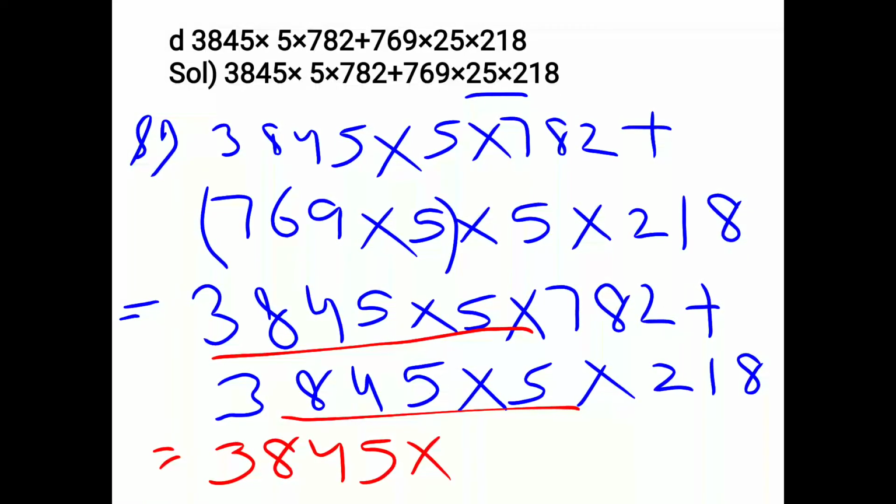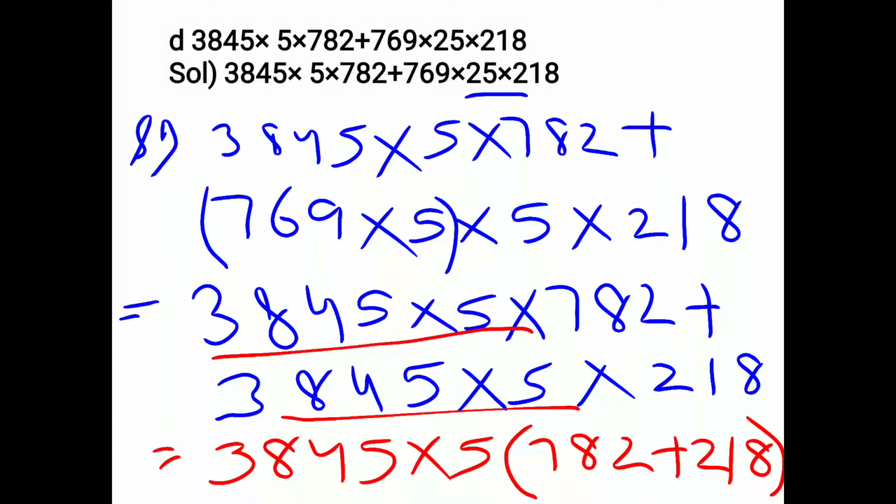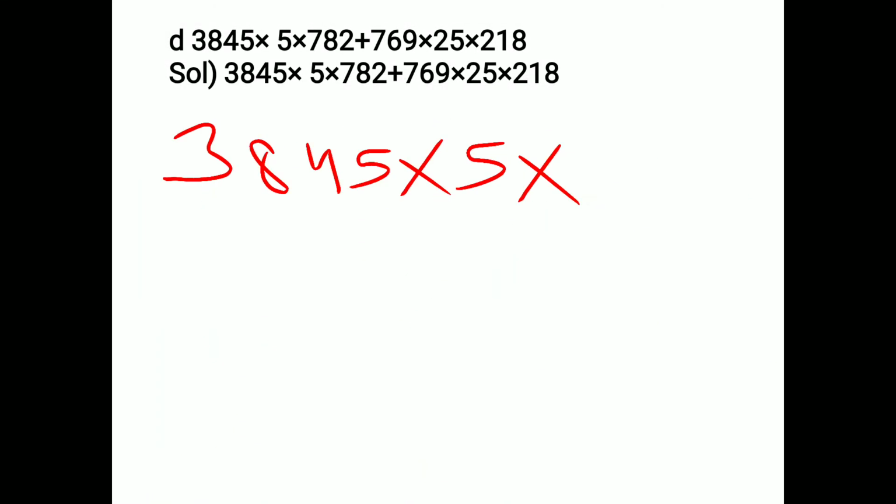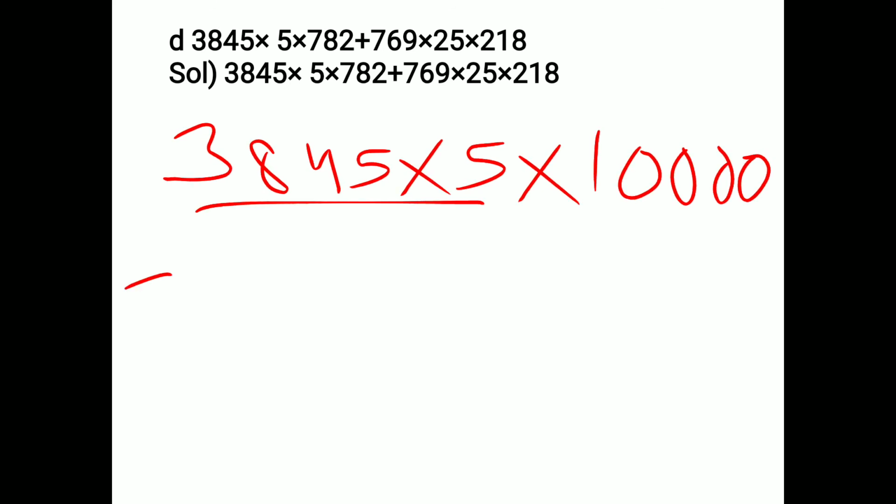3845 into 5, and in bracket which number comes? 782 plus 218. Clear? So students, the value of 782 plus 218, the answer comes 1000. Clear? Now you multiply these two numbers.